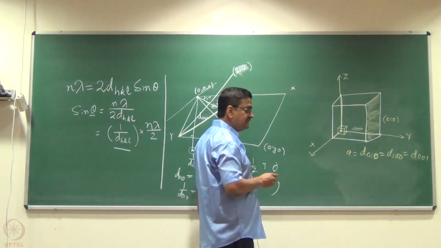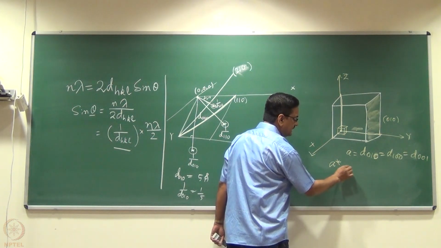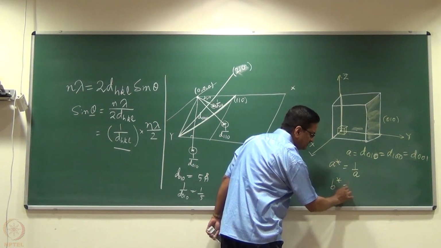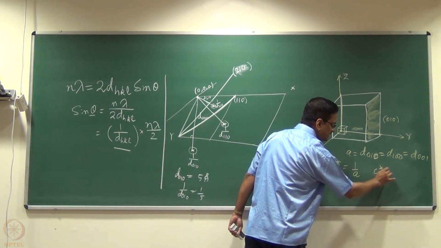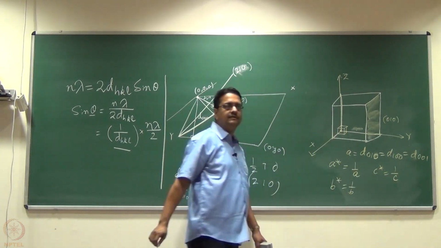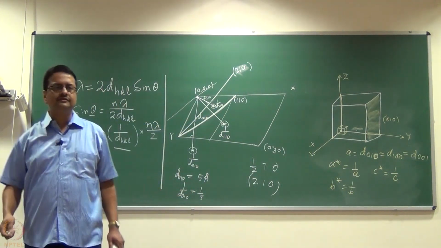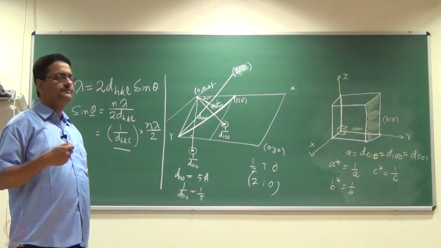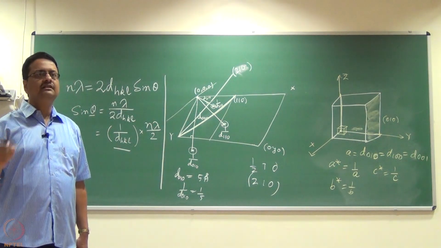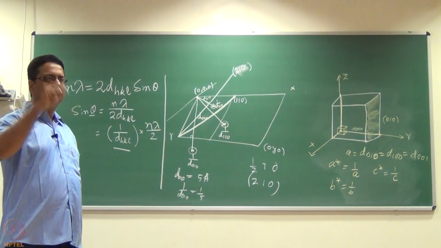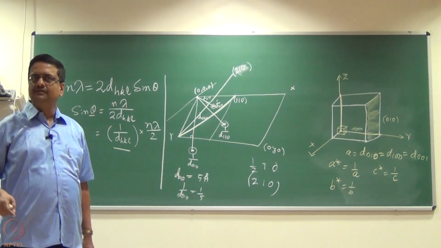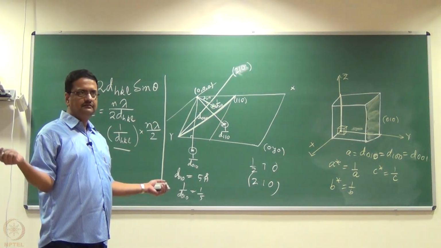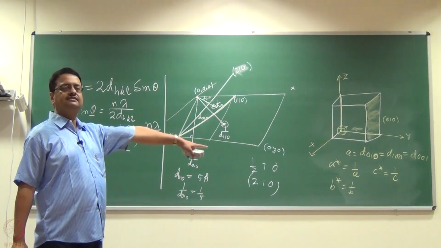So the reciprocal unit cell length A star is nothing but 1 by A. B star is equal to 1 by B. C star is equal to 1 by C. These A star, B star, C star are the reciprocal edge lengths. In the case of cubic, tetragonal and orthorhombic, excluding hexagonal, when the axes are at 90 degrees apart, this relationship is valid.